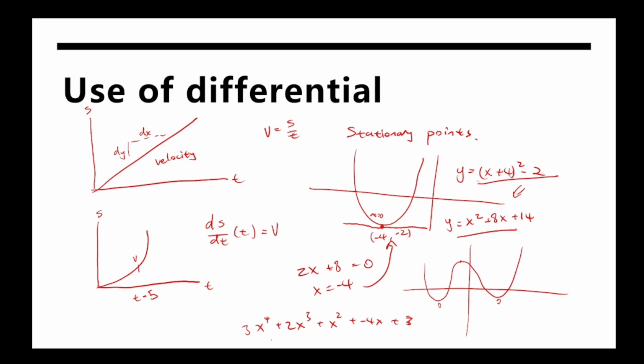So the easiest way is to differentiate. We'll get 12x cubed, 4 minus 1, plus 6x squared, plus 2x minus 4, because 1 times -4. And then we set this to 0. Solving this, we'll get the 3 stationary points.